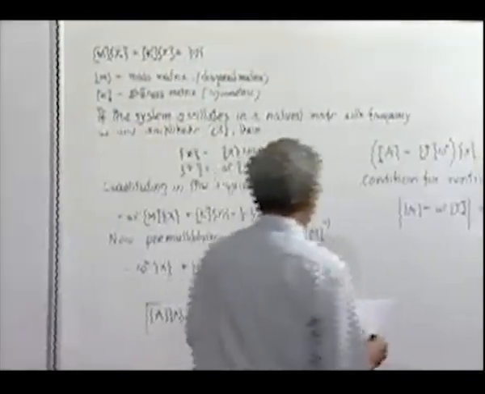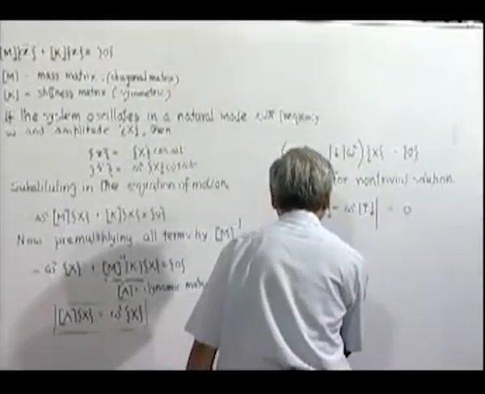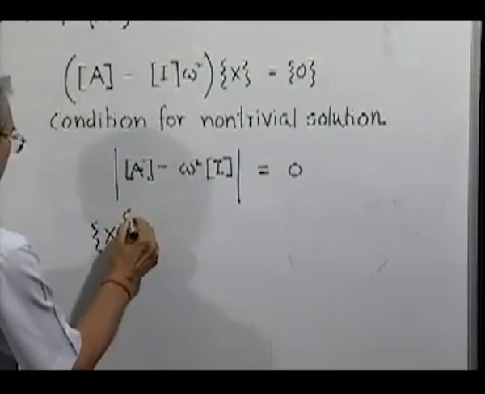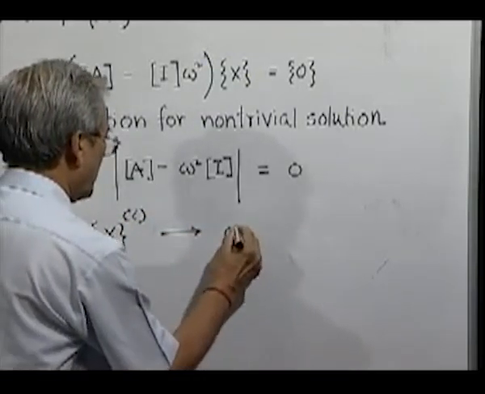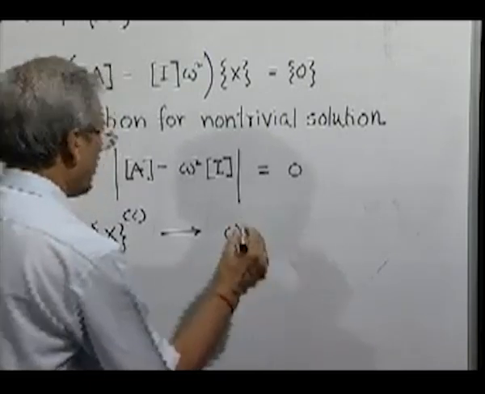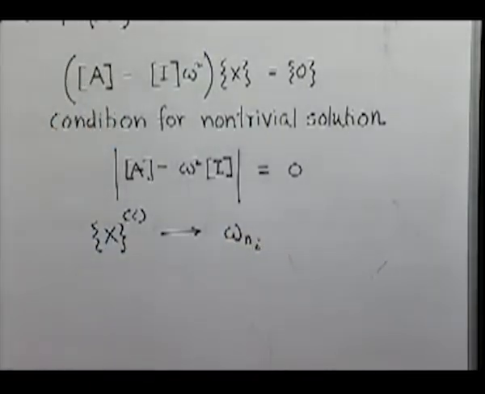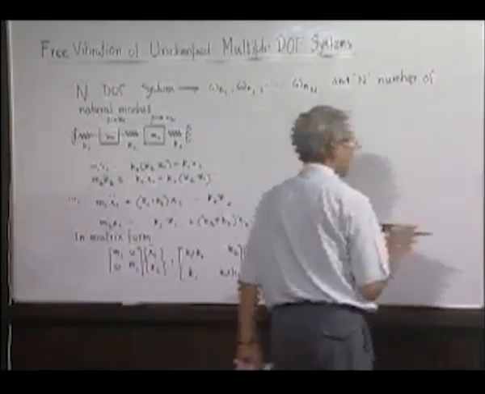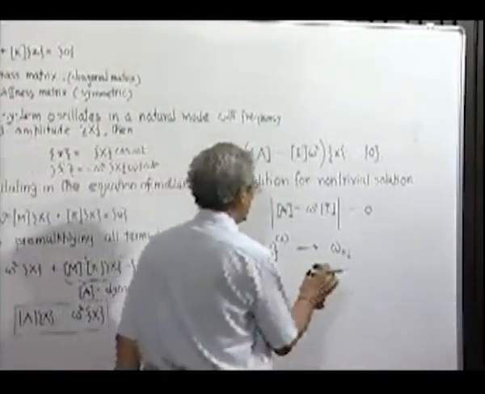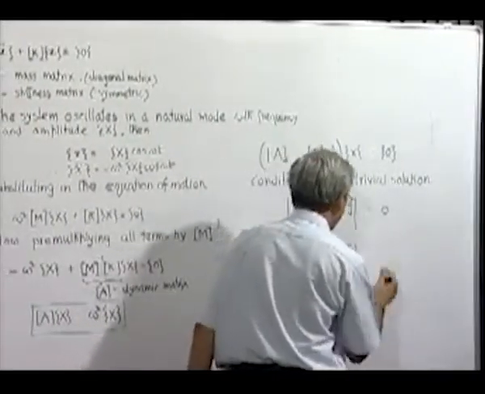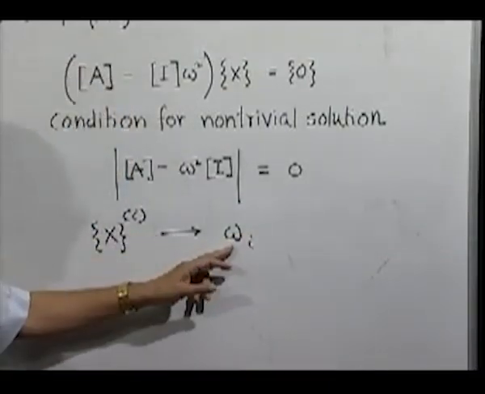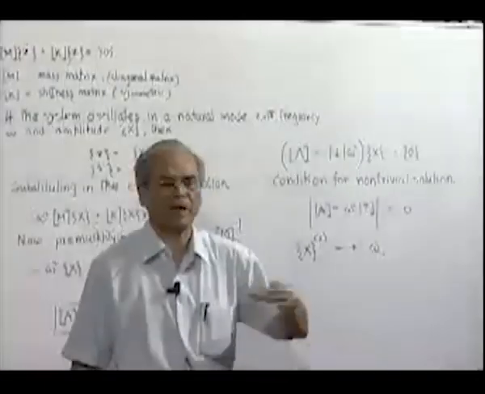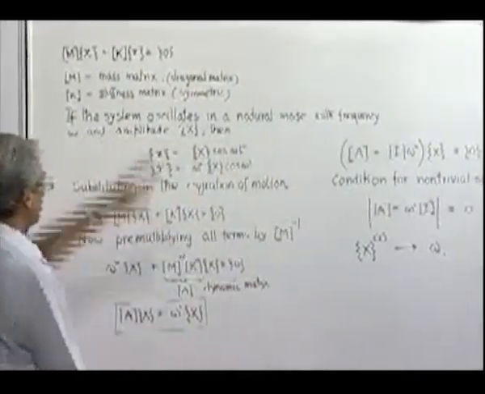So, for each natural mode, that means if the natural mode is identified by this superscript i, this corresponds to the natural frequency i, or we can write simply omega i if you do not want to write omega n all the time, because now we will be writing this so often. It is understood that this is nothing but the ith natural frequency. So, that n subscript we can now remove from all the board work.